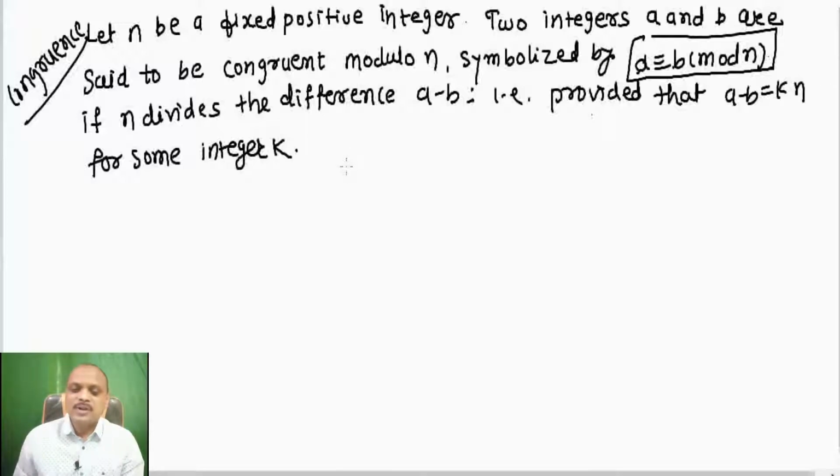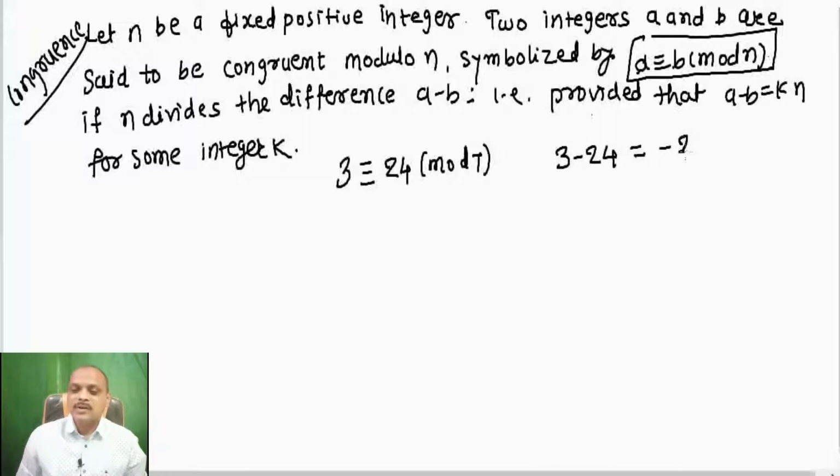For example, 3 is congruent to 24 modulo 7. If we take the difference of 3 and 24, we have minus 21, and minus 21 is divisible by 7. It gives us minus 3 into 7, and therefore 3 is congruent to 24 modulo 7.